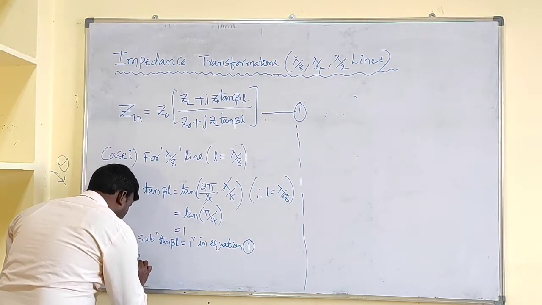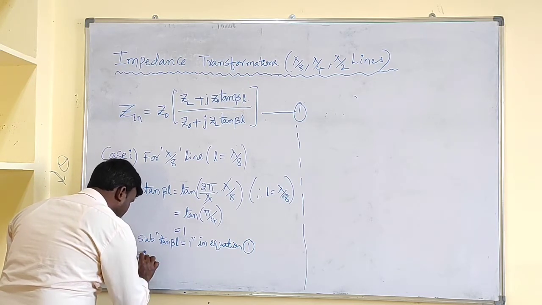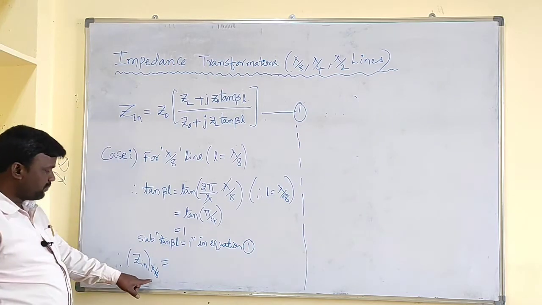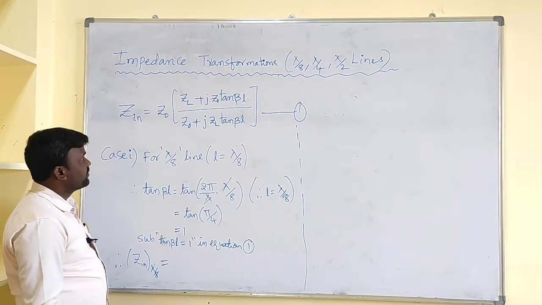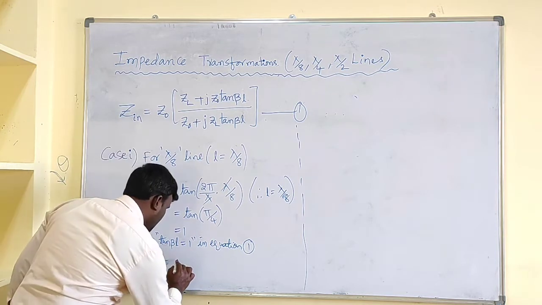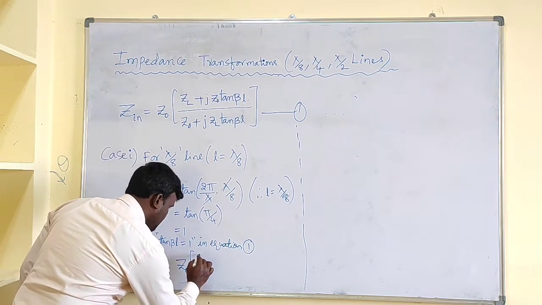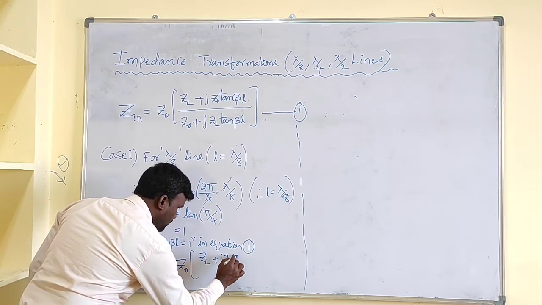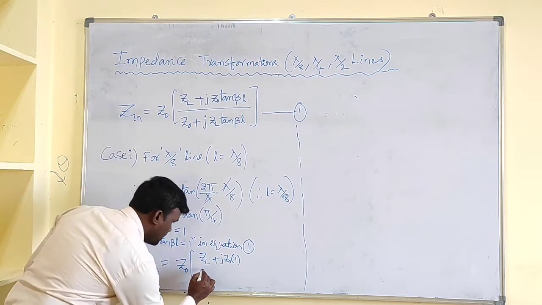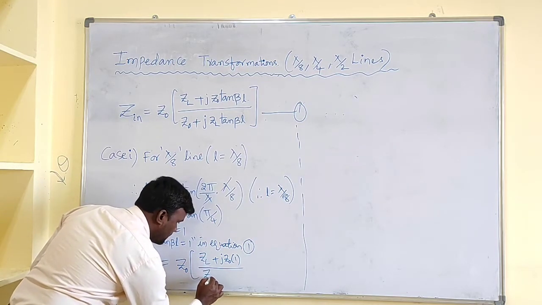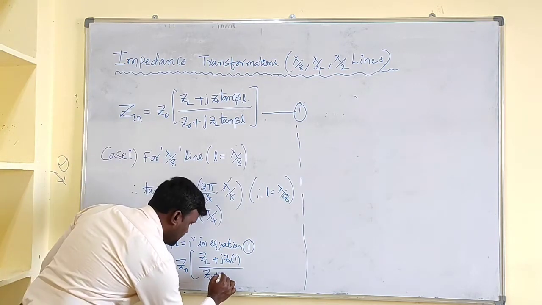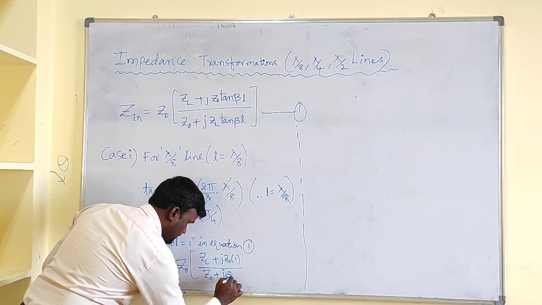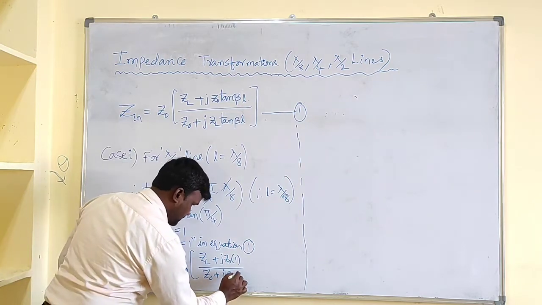Therefore, Zin of the lambda by 8 line is equal to Z0 into ZL plus jZ0 into 1, since tan beta L value is 1, divided by Z0 plus jZL, since tan beta L value is 1.